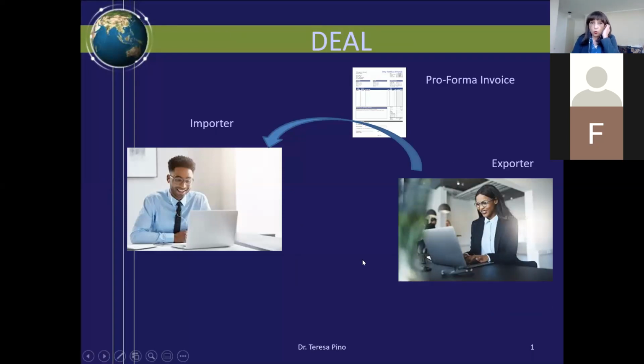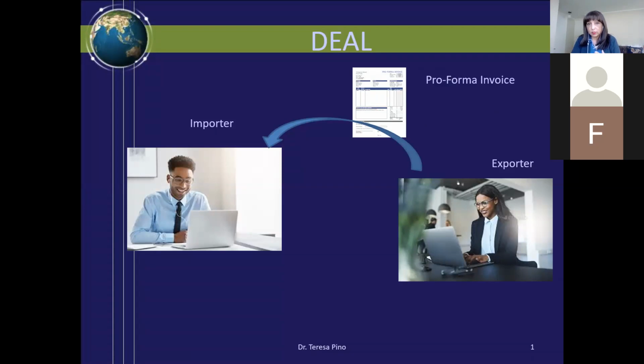After all that, when the deal is already talked and discussed, the exporter or the broker produces a pro forma invoice. A pro forma invoice is simply the order of purchase. This invoice does not pay taxes. Remember that with invoices you have to declare taxes, but this is the pro forma. It goes before the actual invoice.